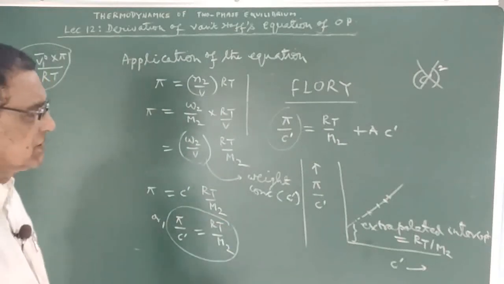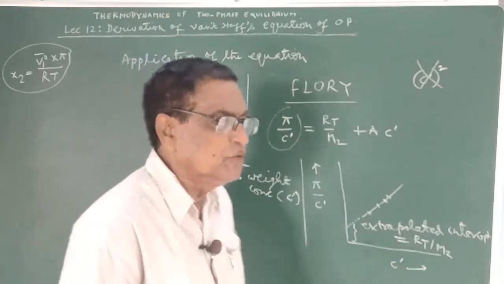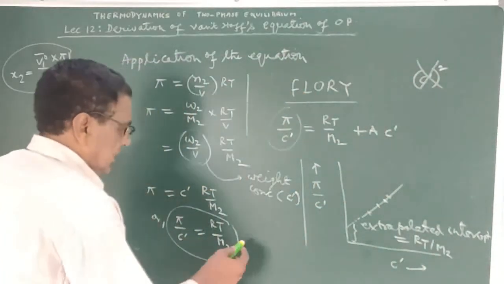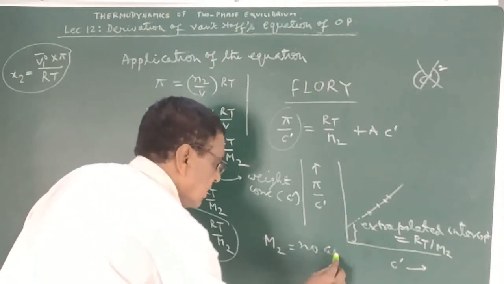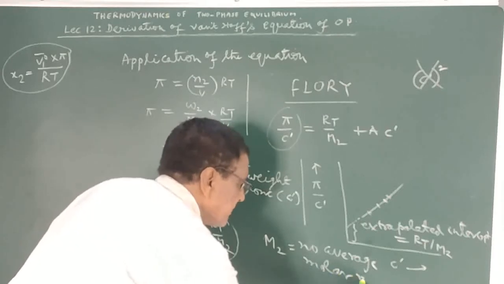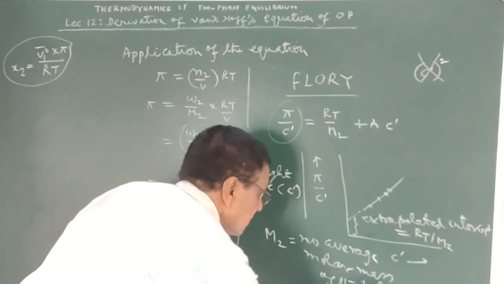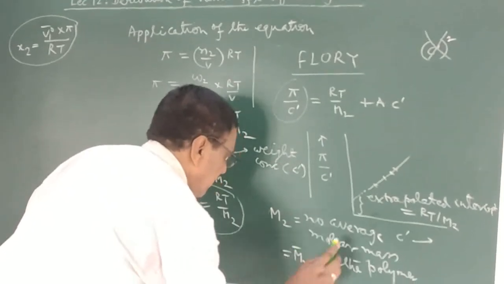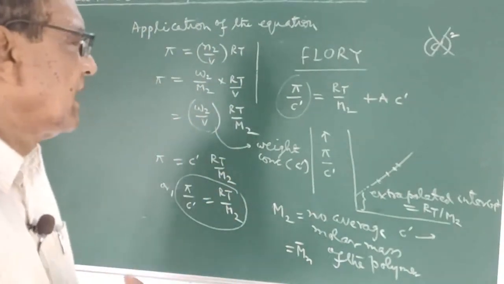So from this plot, the extrapolated intercept gives you the value of RT by M2, and M2 is the molar mass of the polymer. Here M2 is the number average molar mass of the polymer, expressed as Mn bar.